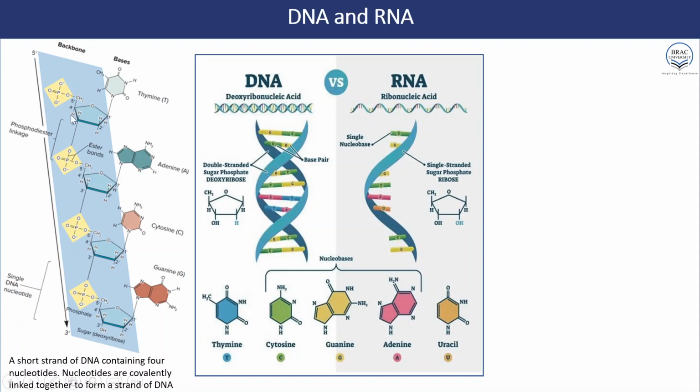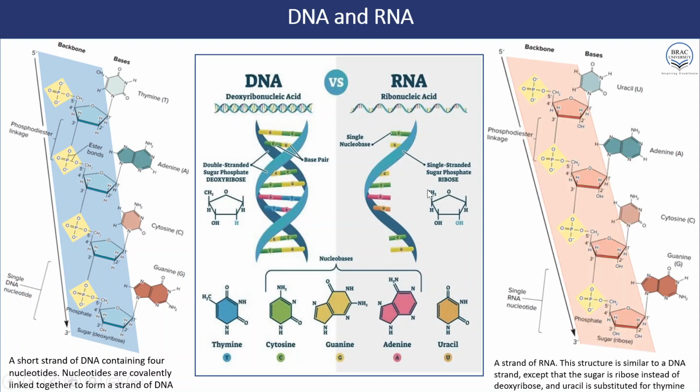Also note that one ester bond is linking the 3' end of one sugar, and the other is linking the 5' carbon, and the other one was the 3' hydroxyl group, right? This is mainly important: linking from the 3' end of the sugar of one nucleotide to the 5' end of the sugar of the next nucleotide.